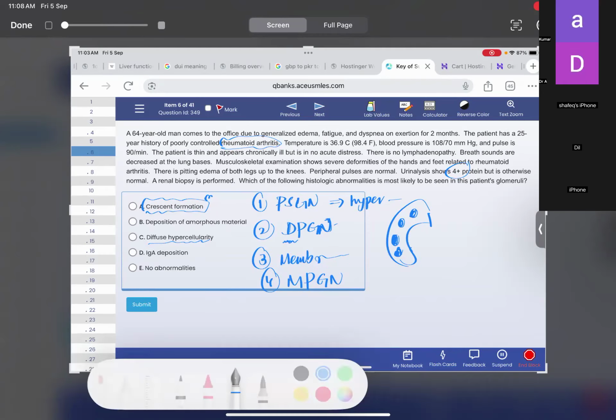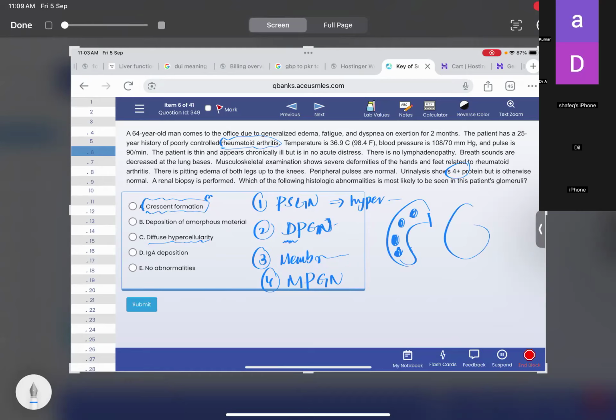But if in a kidney we have four nephrons and part of the nephrons are involved, and all the nephrons are involved, what do we call this? It is diffuse, right? All the nephrons are involved.